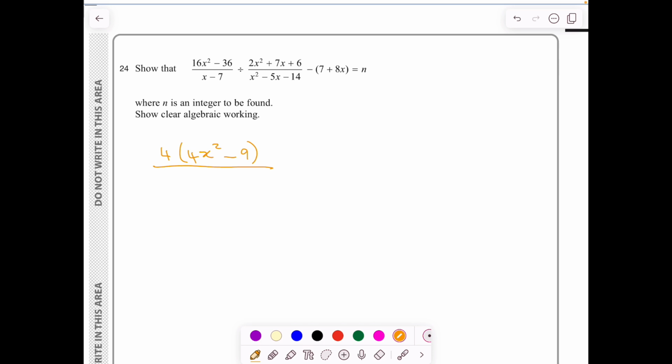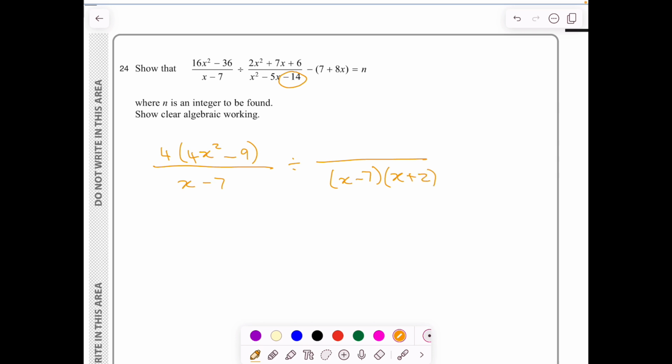Divided by, and the easiest one to factorise is the bottom. You're looking for two numbers that multiply to make minus 14, but add to make minus 5, and that is x minus 7 and x plus 2.